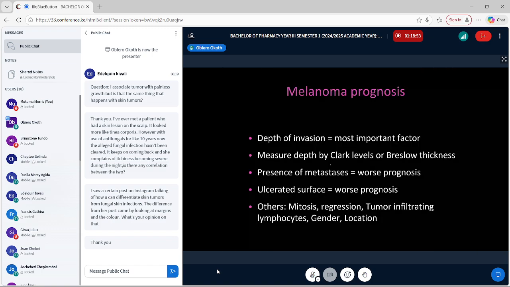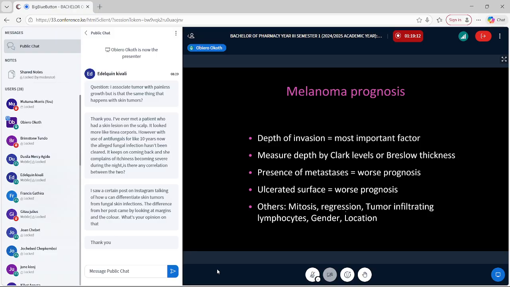Depth of invasion is the most important factor. And this can be measured either by Clark's level or what you call Breslow's thickness. You measure the thickness. If your patient has metastasis, especially to the inguinal lymph node, it's a worse prognosis. If the lesion is ulcerated, it's a worse prognosis.